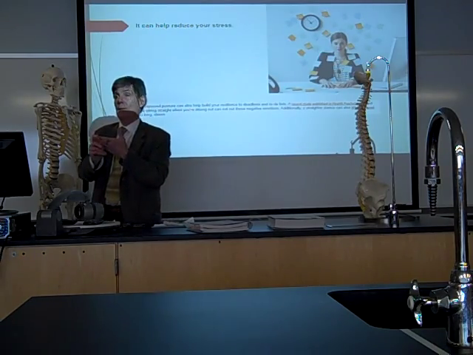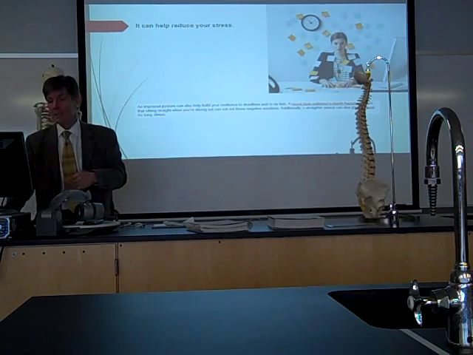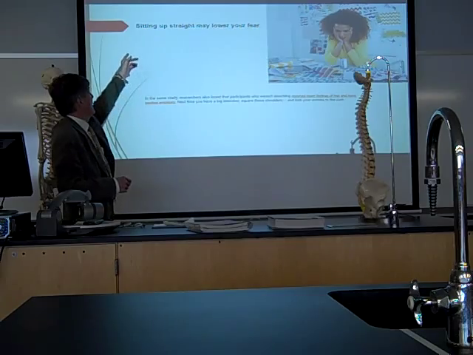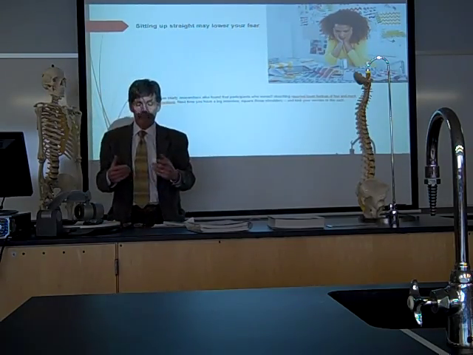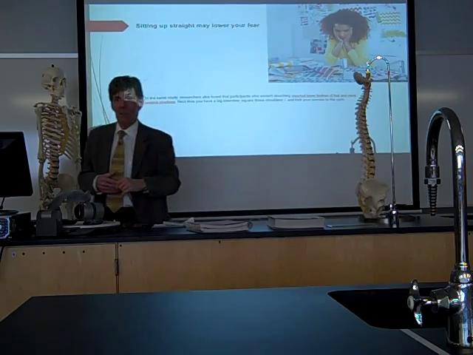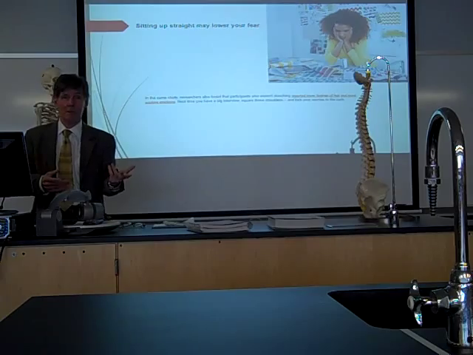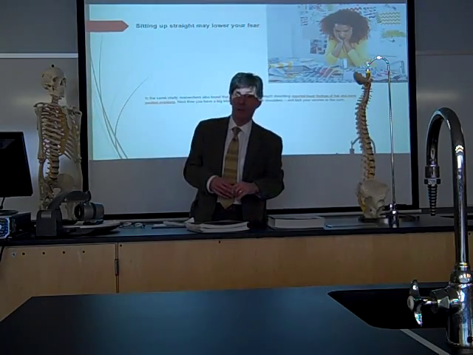Our sympathetic and parasympathetic systems are now better in balance. So there's a lot of ways that we can help reduce stress. Sitting up straight may lower your fears, okay? When we're down in this position, our sympathetic system is taking over more so, and we are not going to function the way that we should be or that we were intended to.